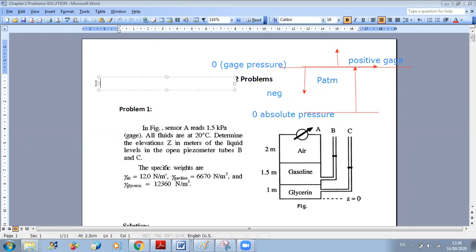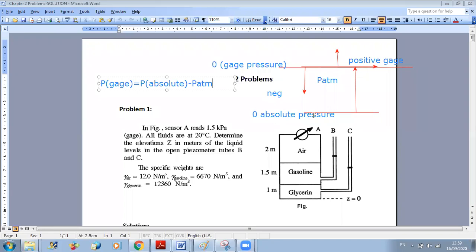What is the formula? The formula is P gauge is equal to P absolute minus P atmospheric. So in case you are at atmospherical level, then P absolute will be equal to P atmosphere and your gauge pressure will be 0.